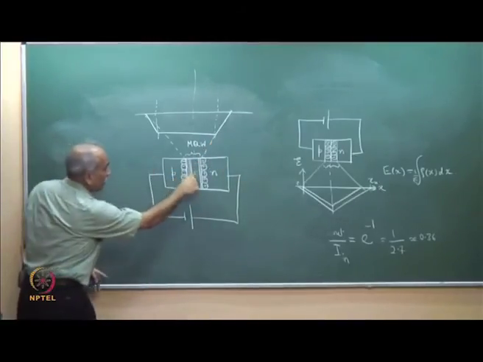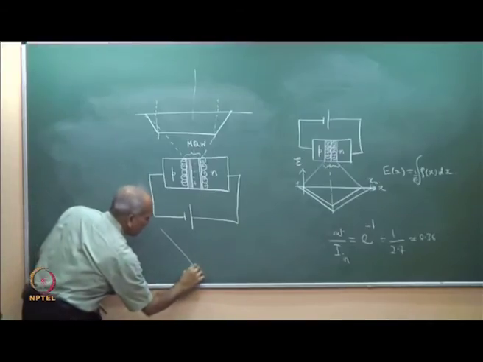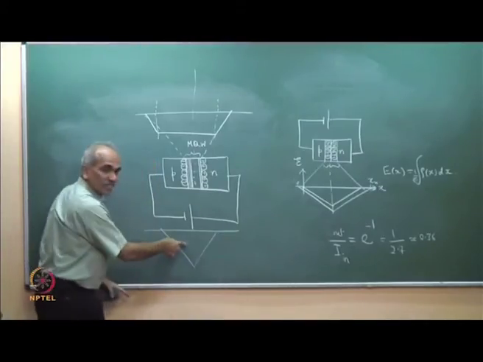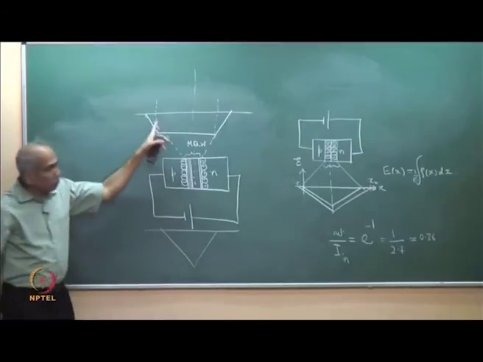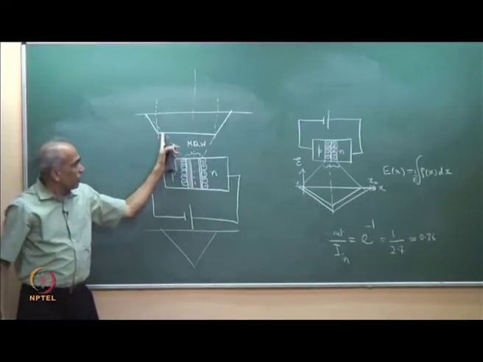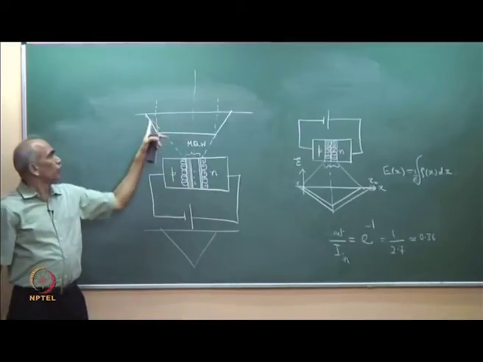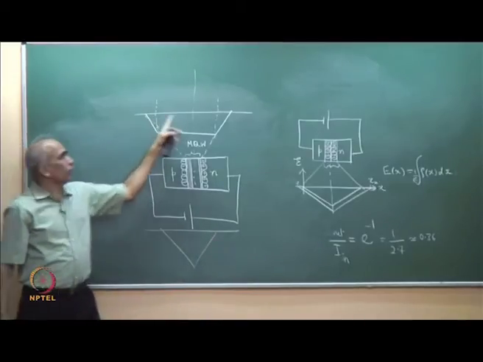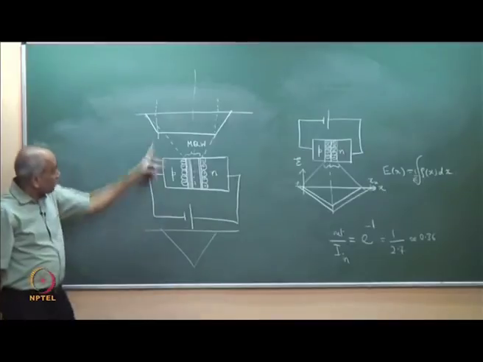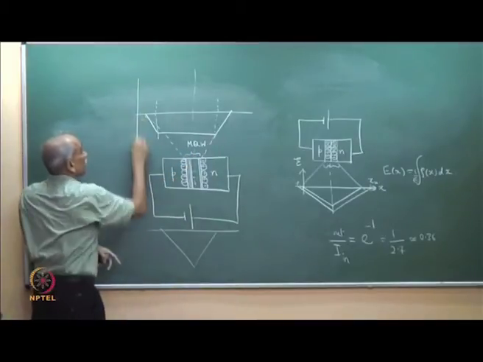In the case of a PN junction, we had the electric field variation like this. In the case of a PIN, the electric field almost remains constant. There could be a little bit of slope depending on whether the P side or the N side is more doped, but it is almost constant. Remember that this axis is electric field.